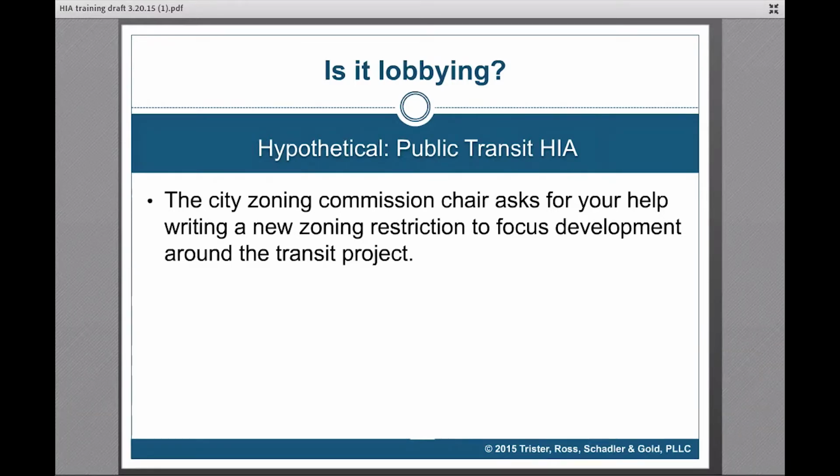So here's one that looks a little bit complicated, but the issue here is that a community is considering a tax on sugar-sweetened beverages, and your organization writes an HIA that notes that the reduced consumption of sugar-sweetened beverages will cause losses of jobs in the beverage and bottle manufacturing industry.